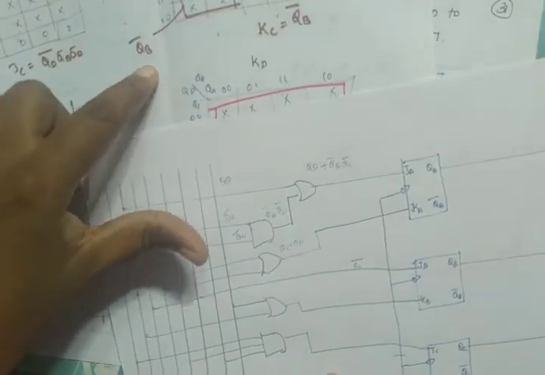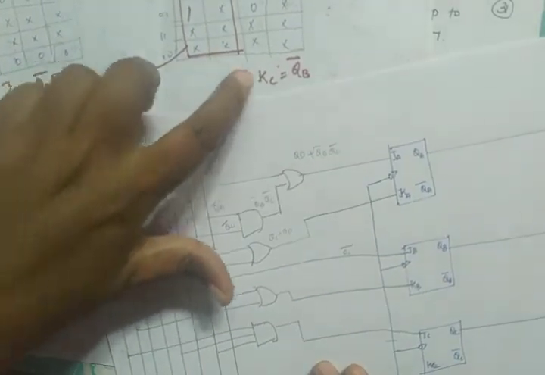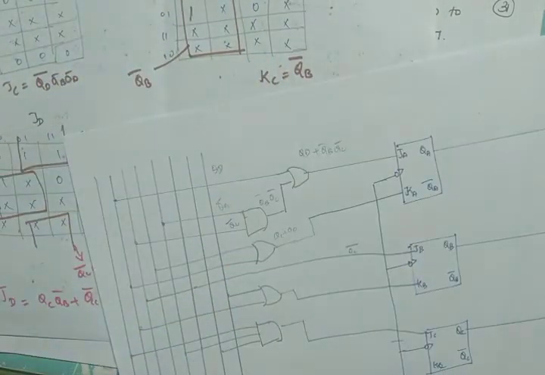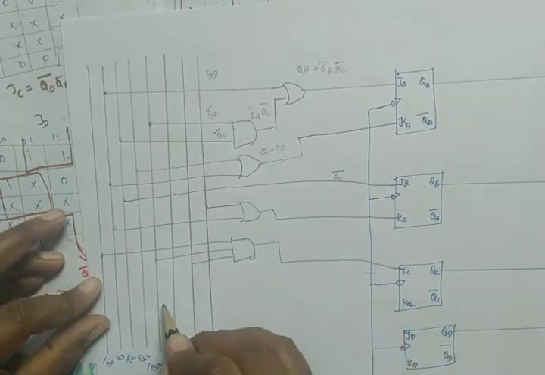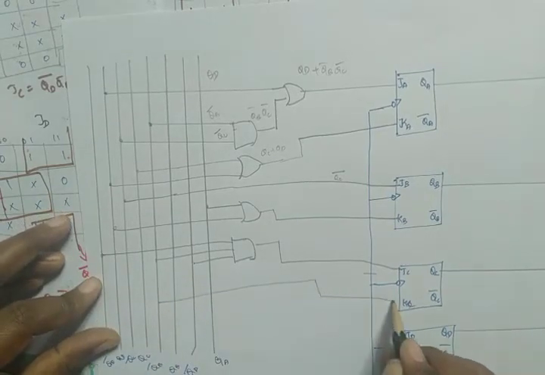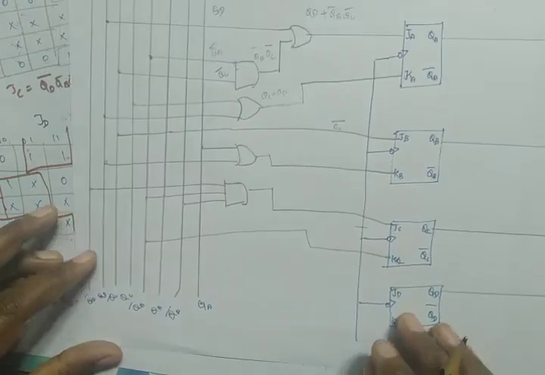Now what is KC? KC is equal to QB bar. We can give it directly. Now what is JD?